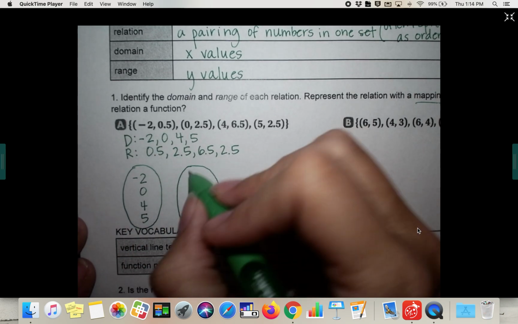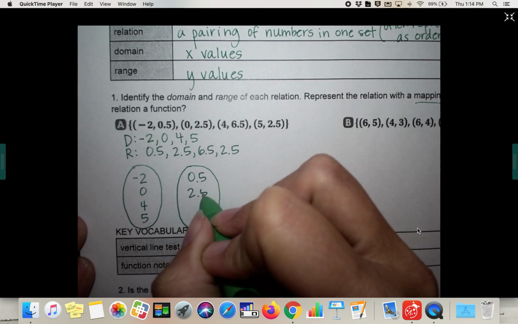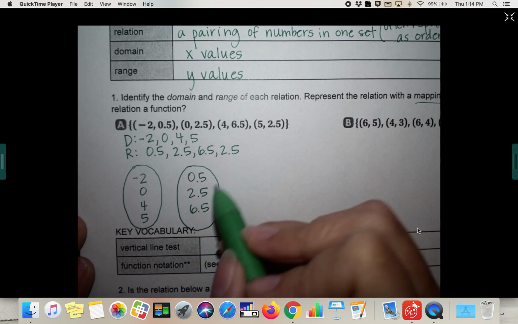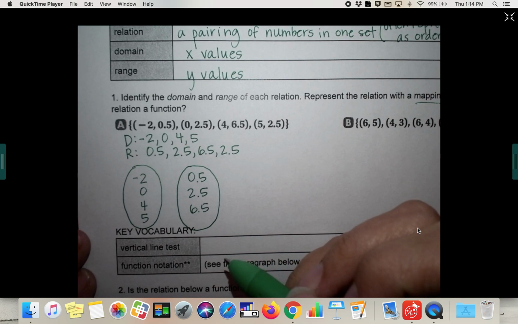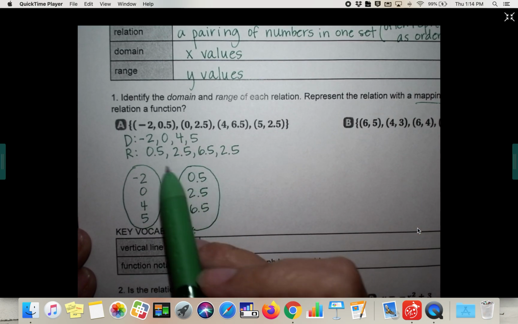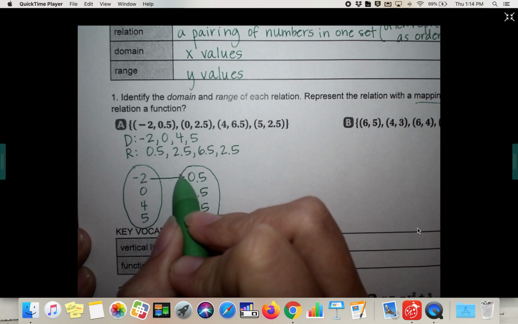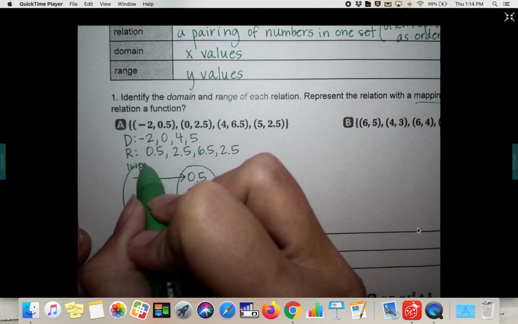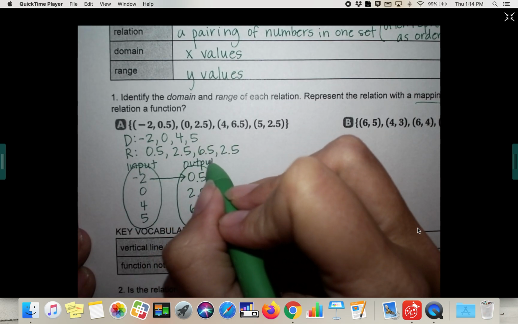The range is 0.5, 2.5, 6.5, and actually I don't need to write 2.5 again because it's already here. Then in order to make it a mapping diagram, we're going to draw arrows from each input to its output. So from -2 to 0.5. The domain is also the input, and the range is also the output.